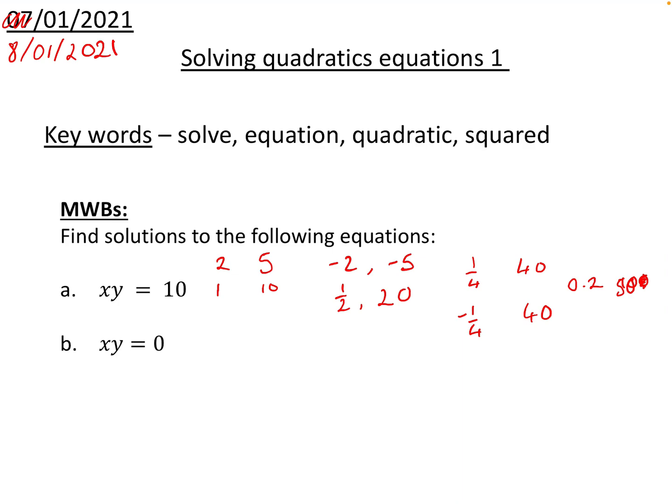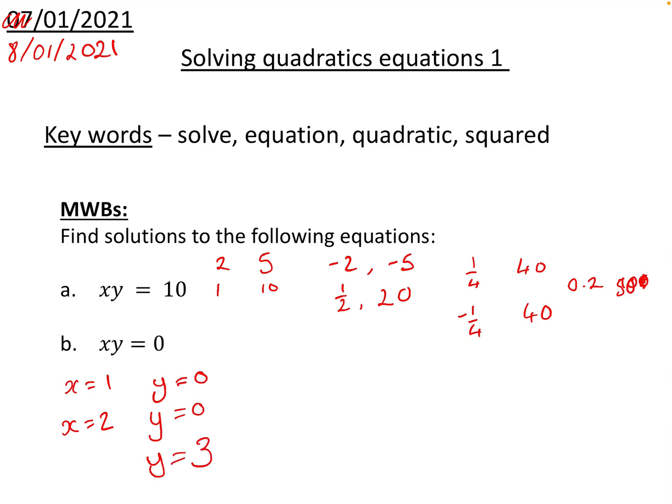Now for the second one, I want two numbers that multiply together to give me 0. Well, I know that any number multiplied by 0 will equal 0. So I could have that x equals 1 and y equals 0. If I now change x and make it 2, I would still need y to be 0 to get an answer of 0. What if I made y a number? Let's make it 3.